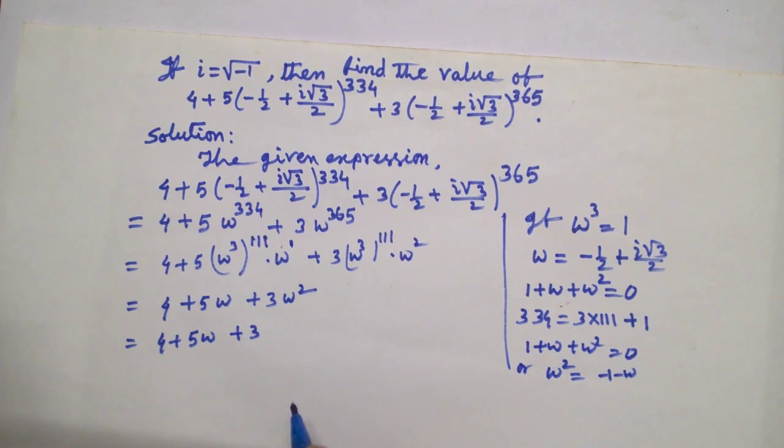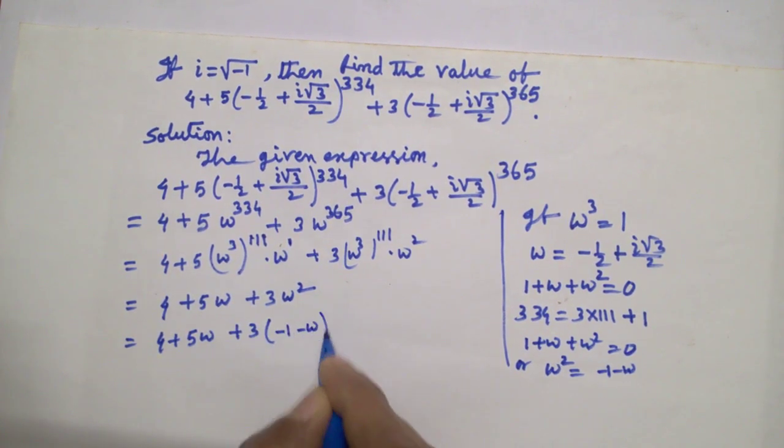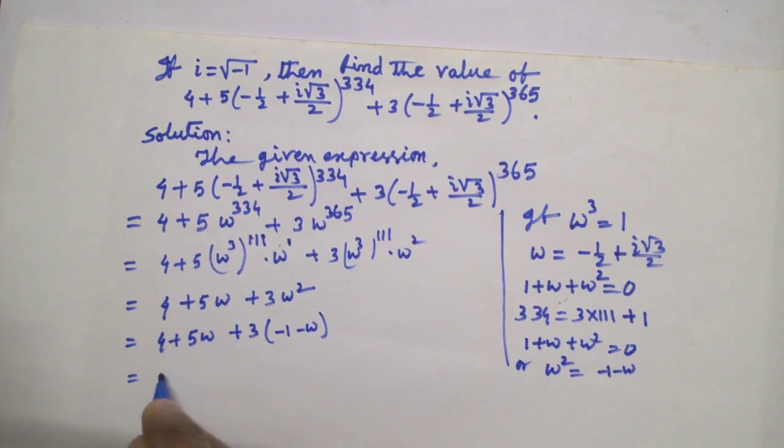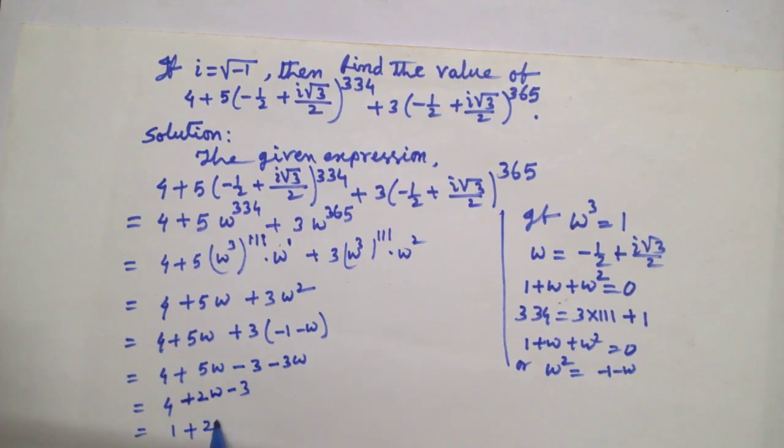We may write this, so writing minus 1 minus omega, that is equal to 4 plus 5 omega minus 3 minus 3 omega, that is equal to 4 plus 5 omega minus 3 omega minus 3, that is equal to 1 plus 2 omega.